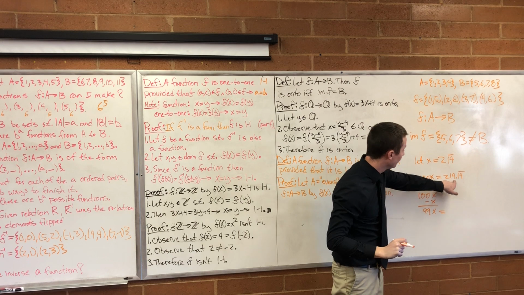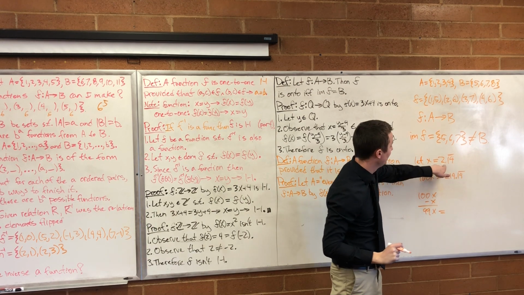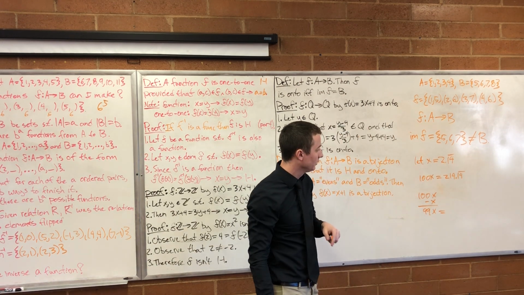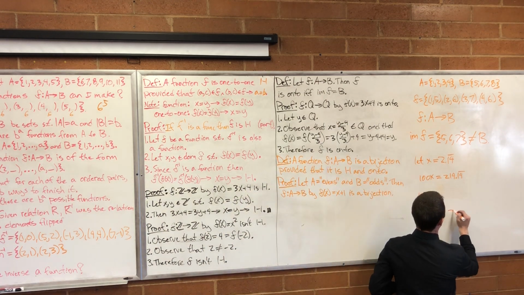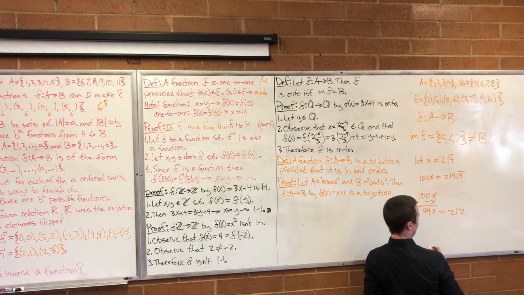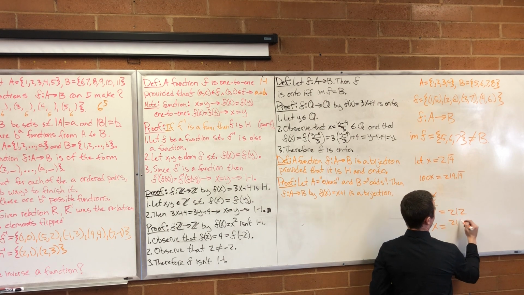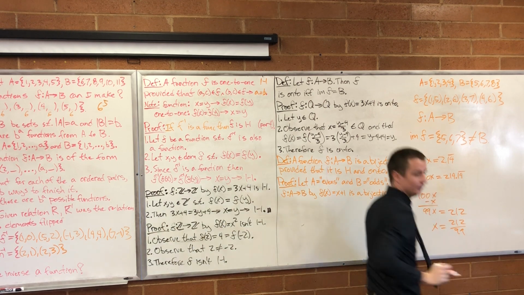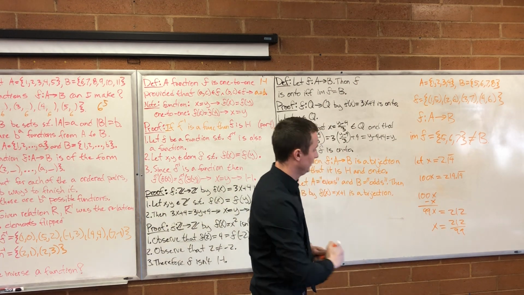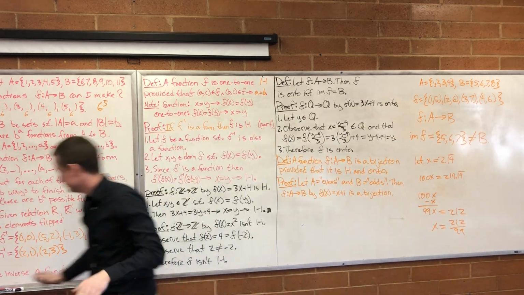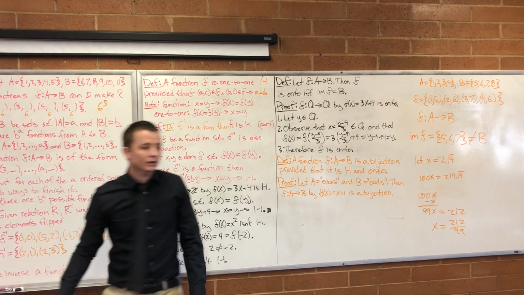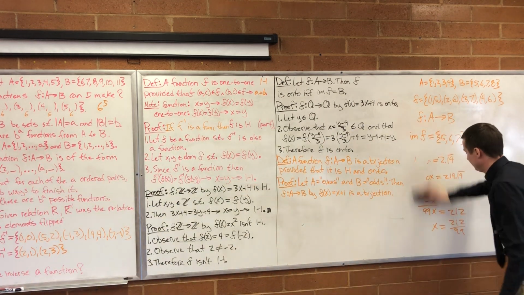So what's 214.14 repeating minus 2.14 repeating? 212. So x is equal to 212 over 99. Easy as pie. So yeah, that's still rational. We won't do any more about what the rationals are.